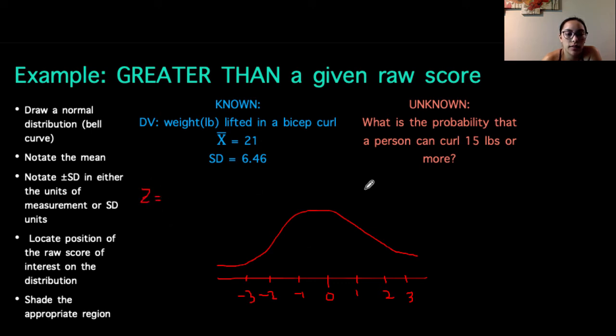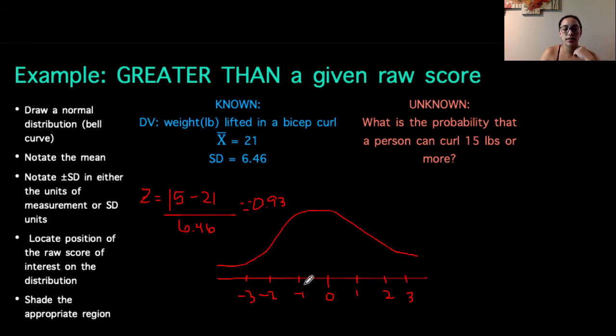In this example, we have the same mean and standard deviation. So we can easily calculate our z-score to find the probability that a person can curl 15 pounds or more. The raw score is 15 minus 21 divided by 6.46. So we should be negative again. 15 minus 21 divided by 6.46 gives us negative 0.93.